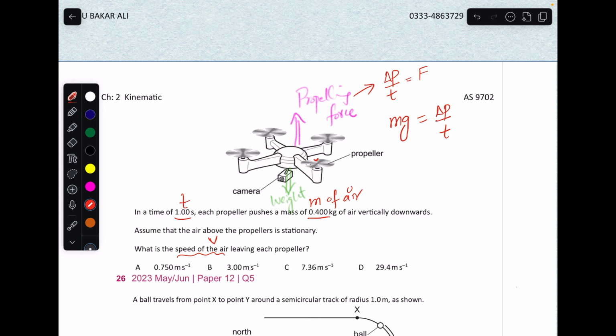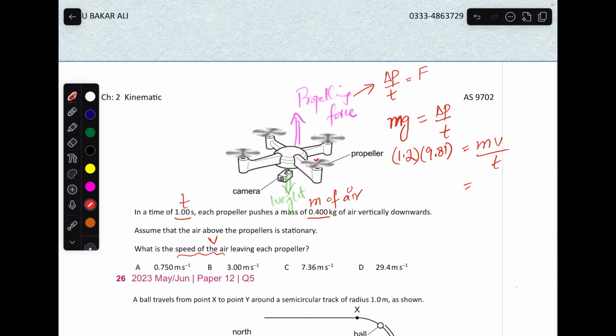Okay, and on the left hand side, this mass is of the drone, that is 1.2, right? G is 9.81. Change in momentum is, what change in momentum do we consider? This change of momentum is of the air that is causing the propelling force. So there will be mass into velocity divided by time.